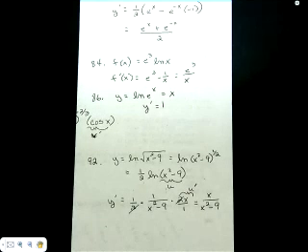I'm looking for something just a little bit uglier, and then we'll go to a problem that says find the second derivative. Number 104 is about the ugliest thing I can imagine.